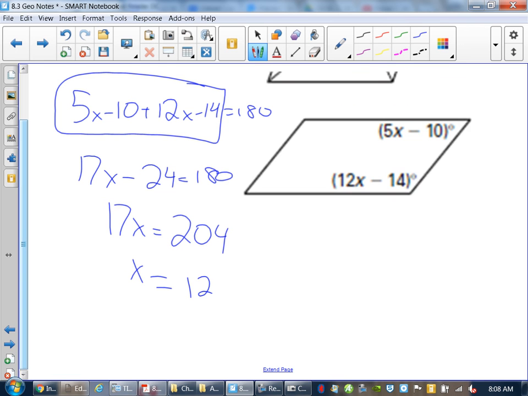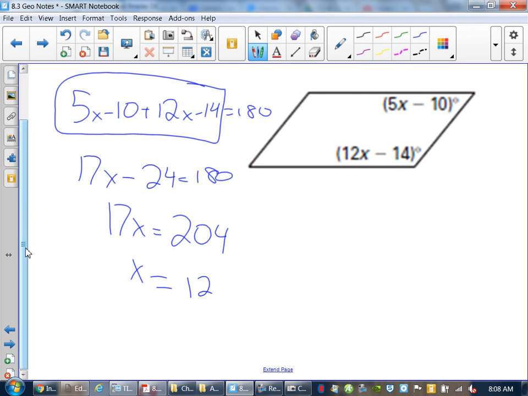So, when you check to make sure it's worked, what's 5 times 12? 60. What's 60 minus 10? 50. So this one's 50. What's 12 times 12? 144 minus 14. 130. And last time I checked, 50 and 130 add up to equal 180.